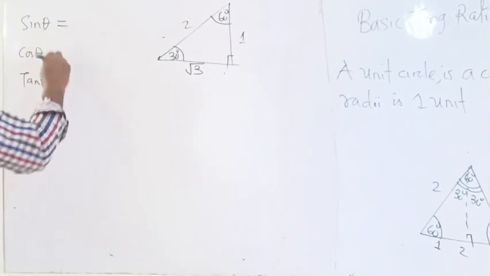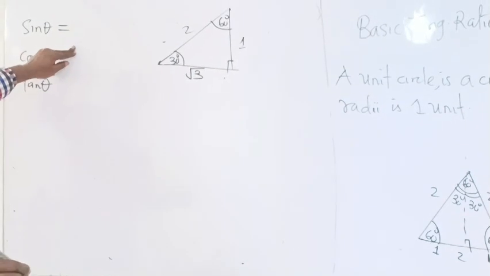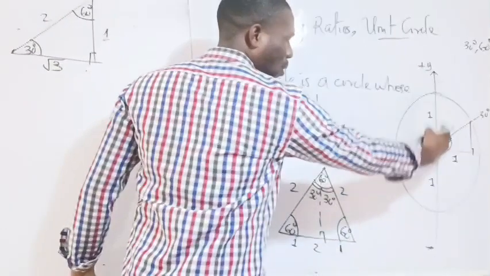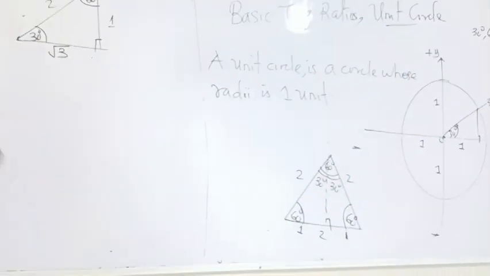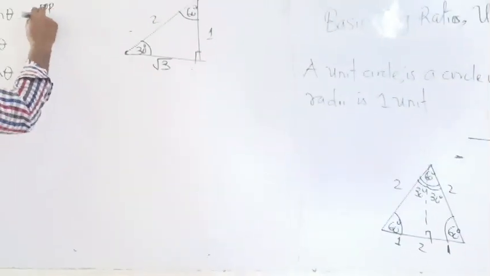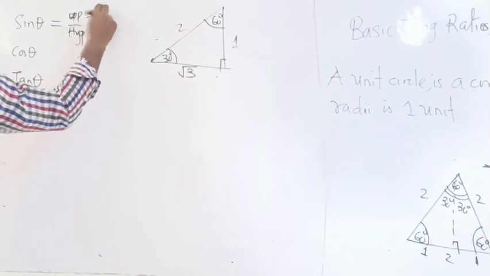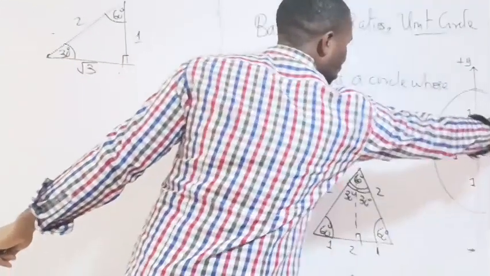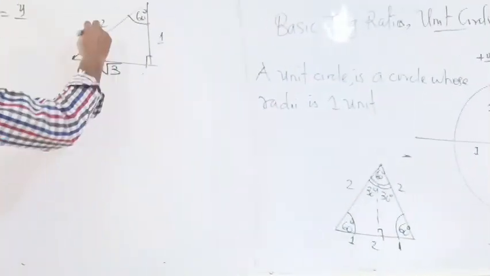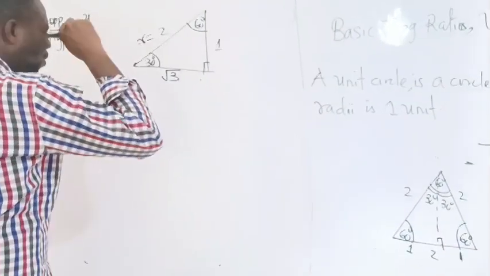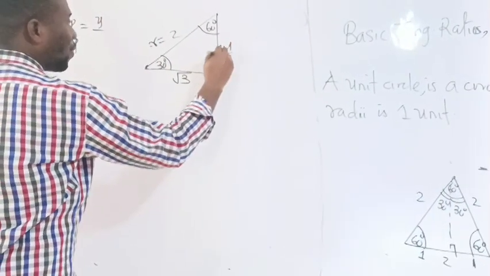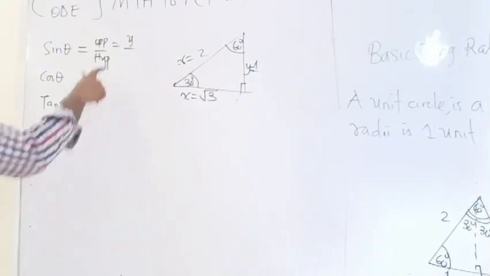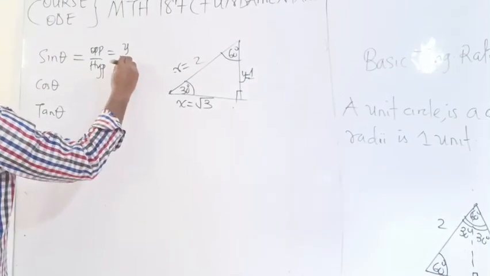Sine is really the ratio of the opposite to hypotenuse side, right? And the opposite side here, if you look at the unit circle, is really the y-axis, right? And the hypotenuse itself here represents the radius of that circle. So you are free to imagine this to be your y, the vertical axis, and this to be x. So the hypotenuse side is really the r.